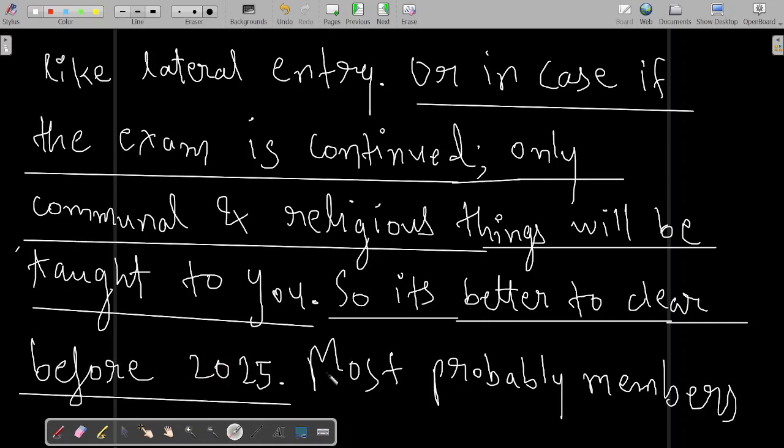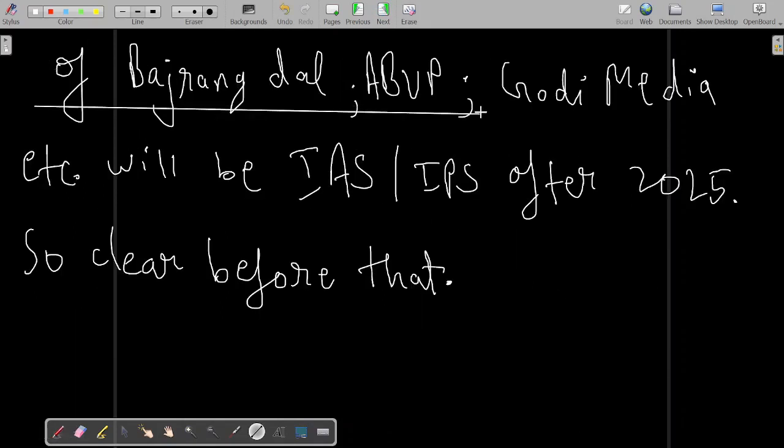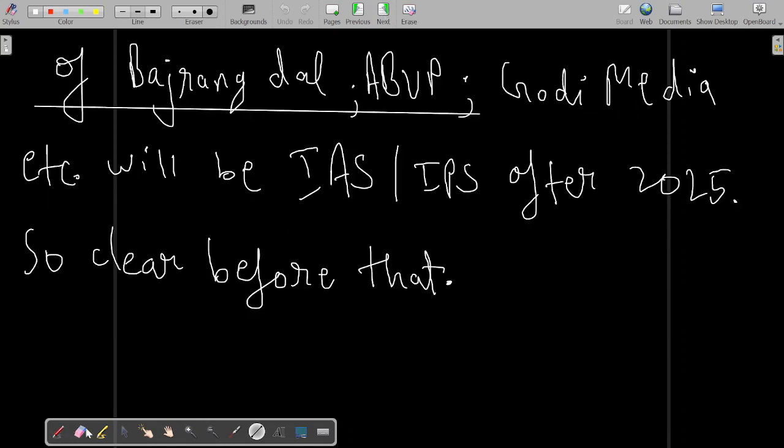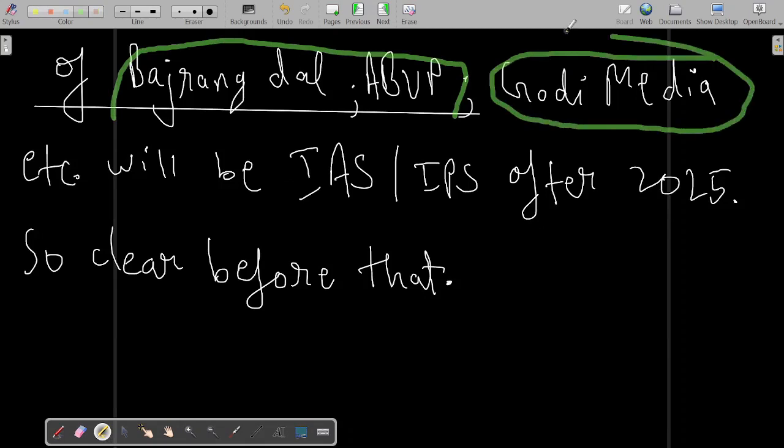Most probably after 2025, members of these organizations, and these are only two organizations, there are 136, 137 such right wing organizations, most probably members of these organizations will be IAS and IPS officers after 2025.